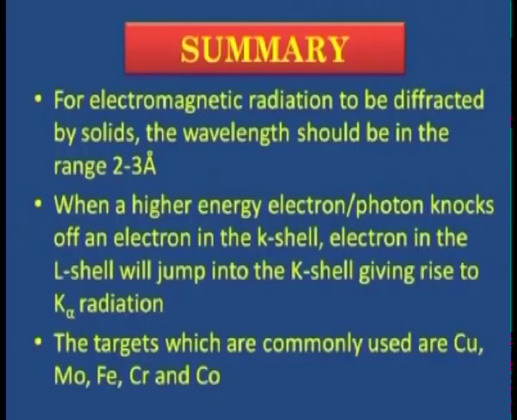When a high energy electron knocks off an electron in the K shell, the electron in the L shell will jump into the K shell, giving rise to the K alpha radiation. The targets commonly used are copper, molybdenum, iron, cobalt and chromium.